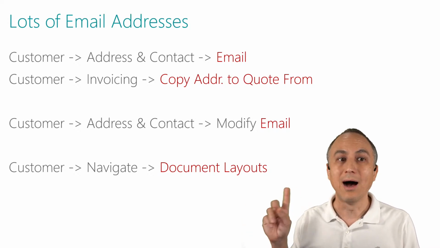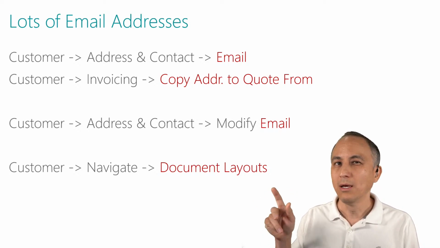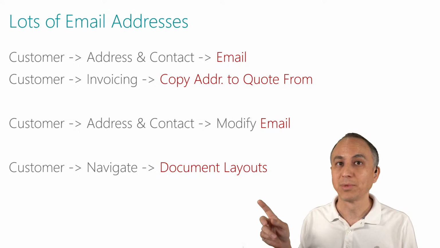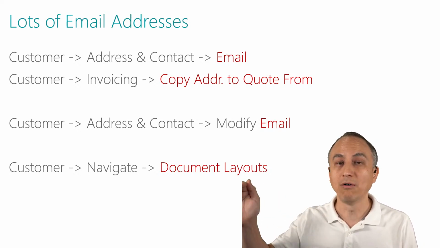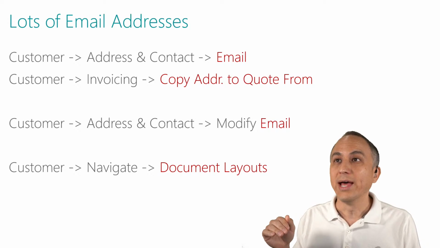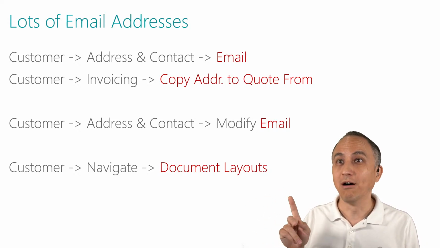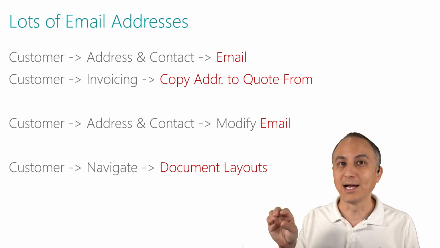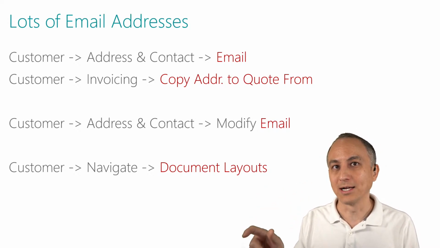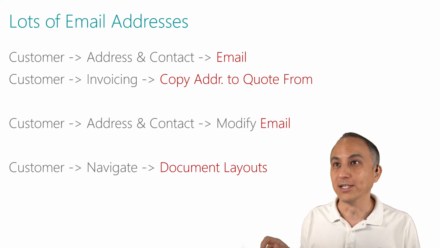Okay, and then I thought that the copy address to quote from might play a role. Based on my test just now, it doesn't look like that affects email. So it's just the email field or the contact that's associated with that customer. Then if you modify the email field on a customer under address and contact, that appears to modify the company contact associated with that customer, which is not necessarily obvious.